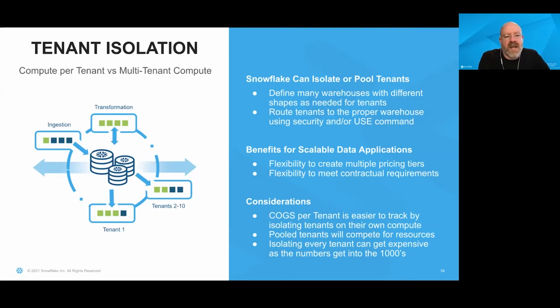Everything that happens on that compute is correlated to tenant 1. Whereas for tenants 2 through 10, if you have strict COGS requirements, you're going to have to develop some pretty strong heuristics to figure out what costs get allocated to 2 versus 3 versus 4, et cetera. So COGS per tenant is easier to track when they're isolated.